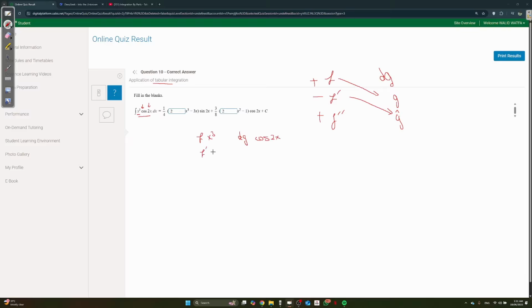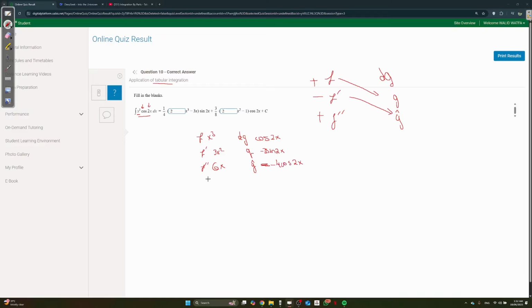Now let's go next. F prime is going to be 3x squared. My g will be negative sine 2x, negative 2 sine 2x, sorry. My f double prime will be 6x. My g hat will be, derivative of sine is cosine, so it's going to be negative 4 cosine 2x.